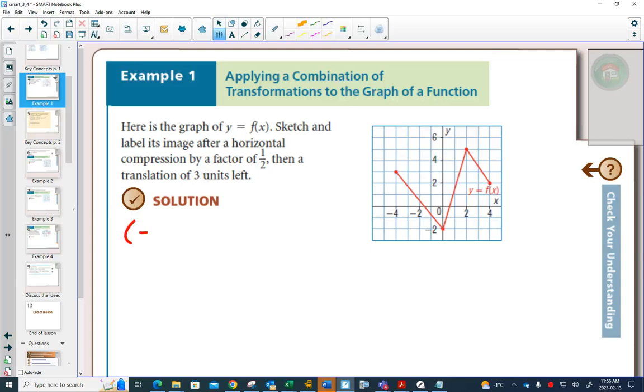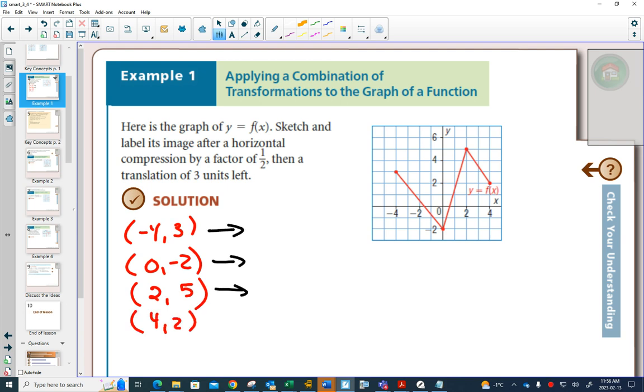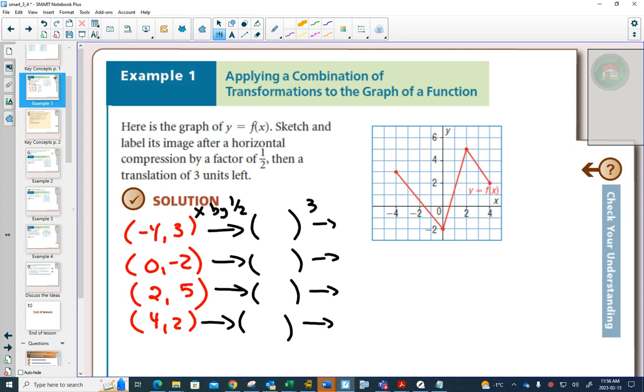But the setup would be, I'm going to take my points (-4, 3), (0, -2), (2, 5), and (4, 2). Set up my arrows. This is exactly the same. And this question has a horizontal compression, x by 1/2, and then 3 units to the left. So x by 1/2: -2, 0, 1, 2.